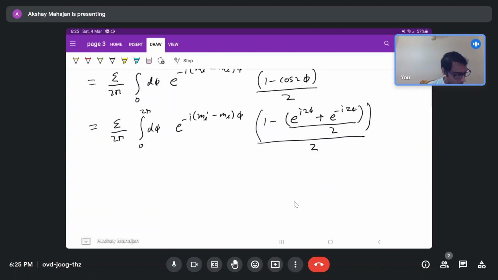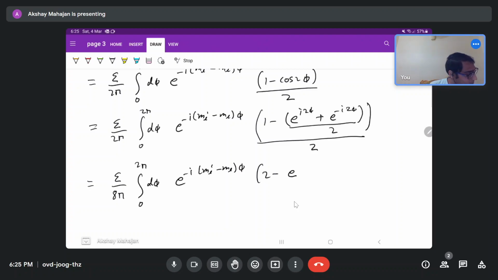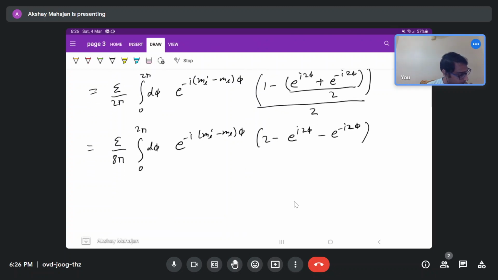Now using this, a 4 will come here, so let's write it as 8π ∫ from 0 to 2π dφ, and then e^{i(ml' − ml)φ} times (2 − e^{i2φ} − e^{−i2φ}).